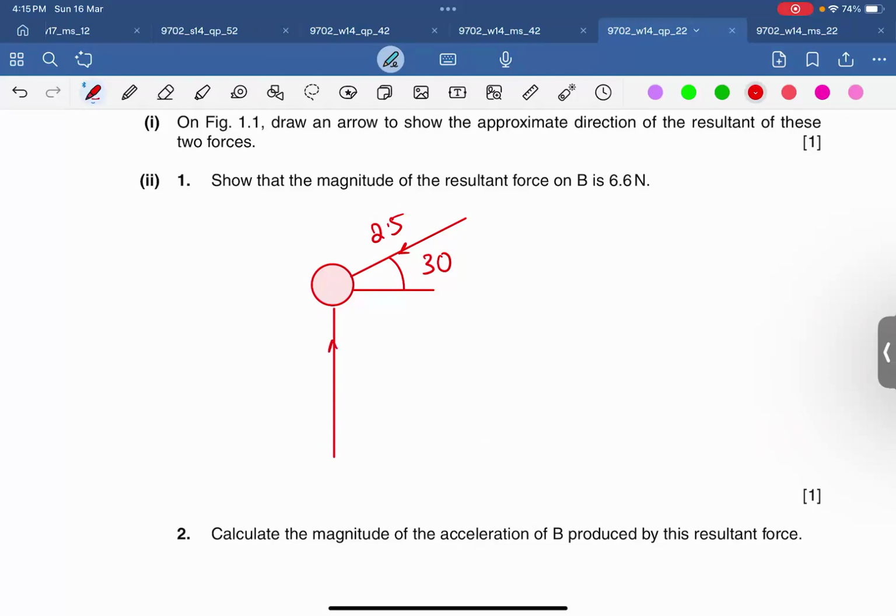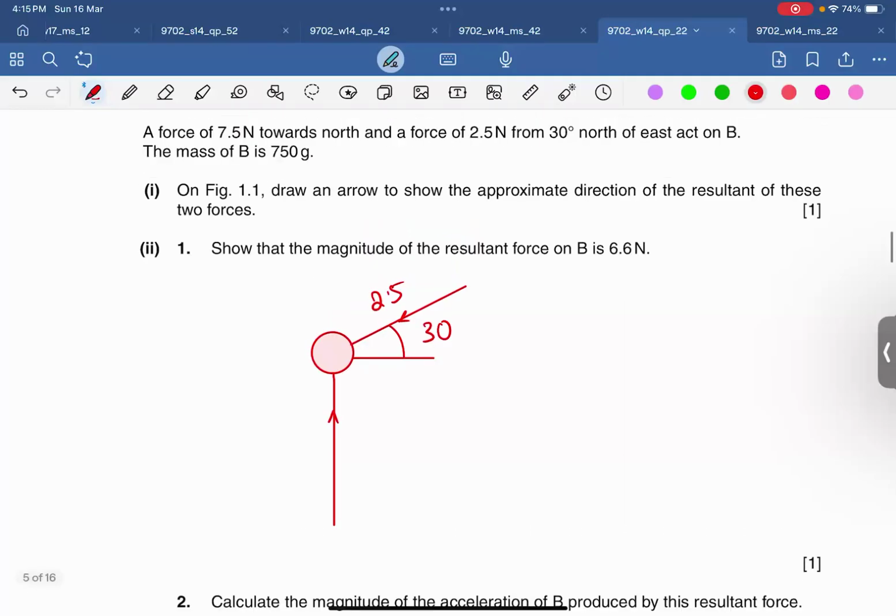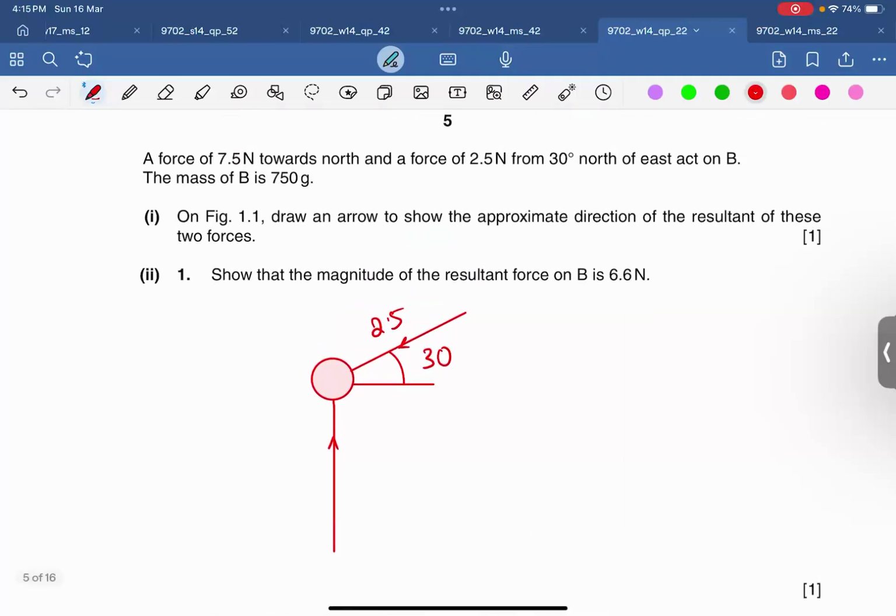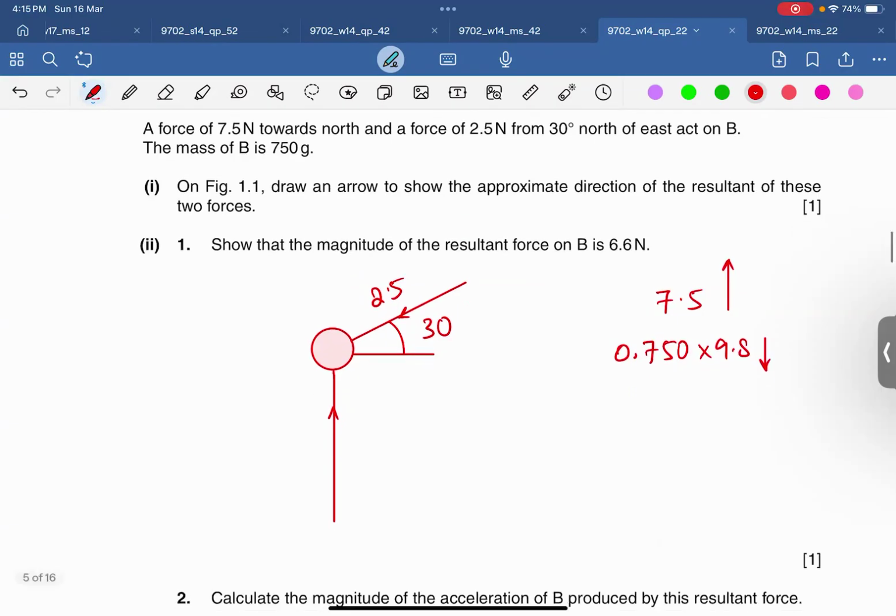So we have the upward force. Now you know that 7.5 is actually acting upward, right? And the weight is 0.75 into 9.81, and that will act downward. So what will be the resultant? 0.75 into 9.81 gives me 7.357.